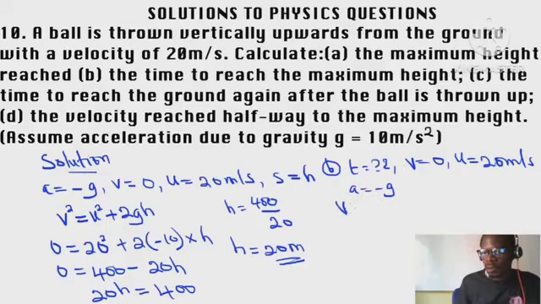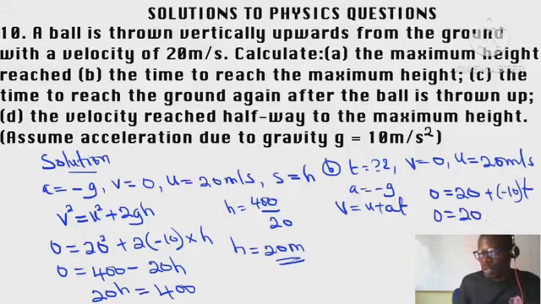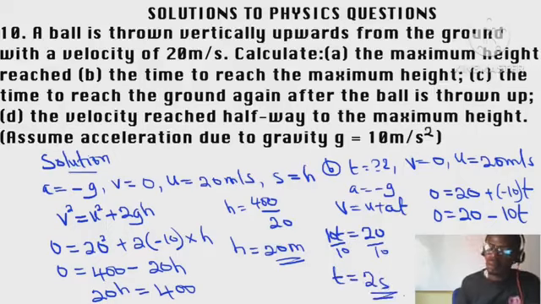So using v equals u plus at, we have 0 equals 20 plus minus 10t. So from here, we can see that 10t equals 20. When you divide both sides by 10, we get our time to be equal to 2 seconds.